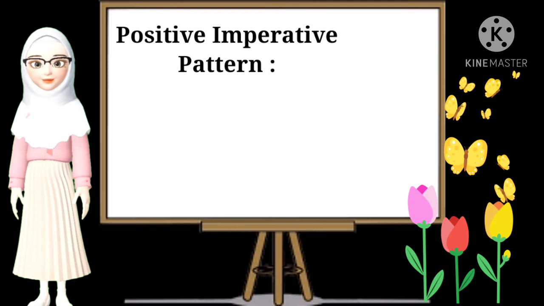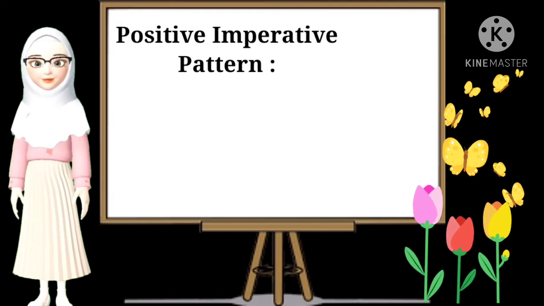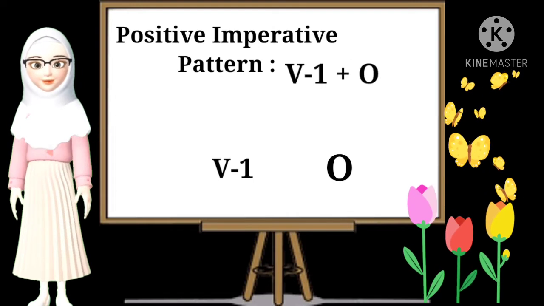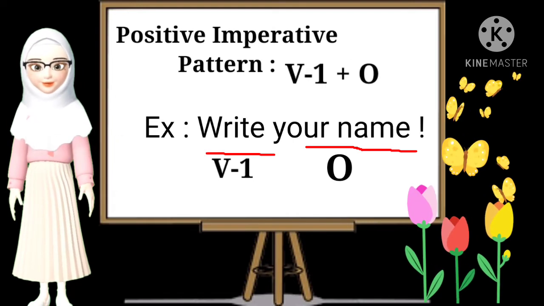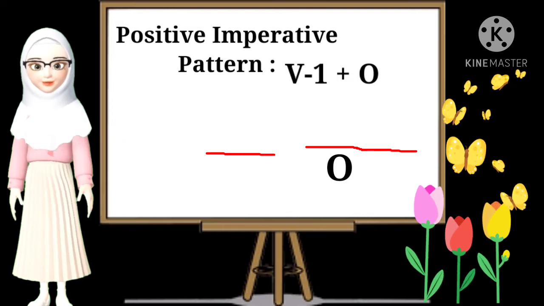We can make a conclusion that positive imperative, the pattern consists of verb 1 plus object. For example, write your name. Write as verb 1, your name as object.